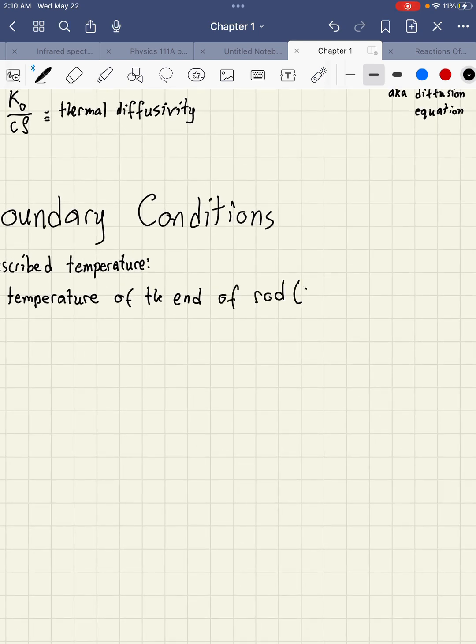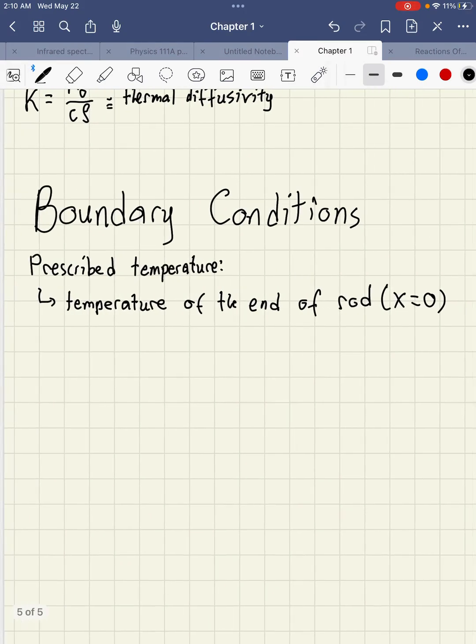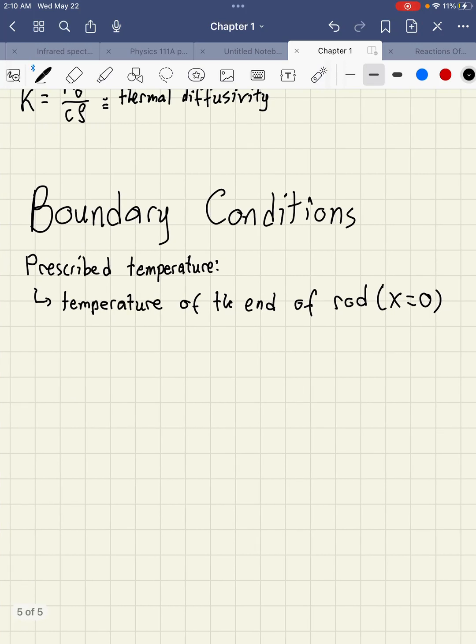So let's say we are looking at x, the position, when x is equal to 0. It's the temperature there, and using our approximation, the temperature at that point, 0, t, is defined as, let's say, U_B of t.